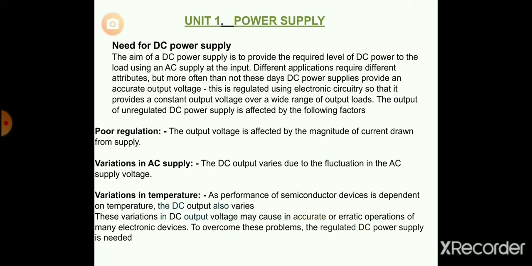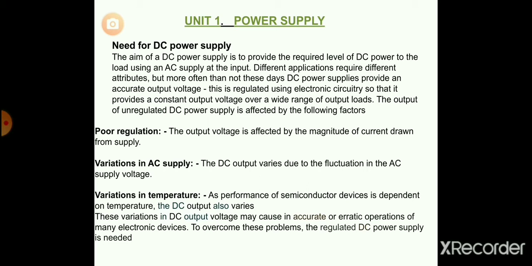Unit 1, power supply. Why is the need for DC power supply required for different application purposes? We are going to convert AC voltage to purely DC voltage, and that is an unregulated DC supply. We have to regulate it.